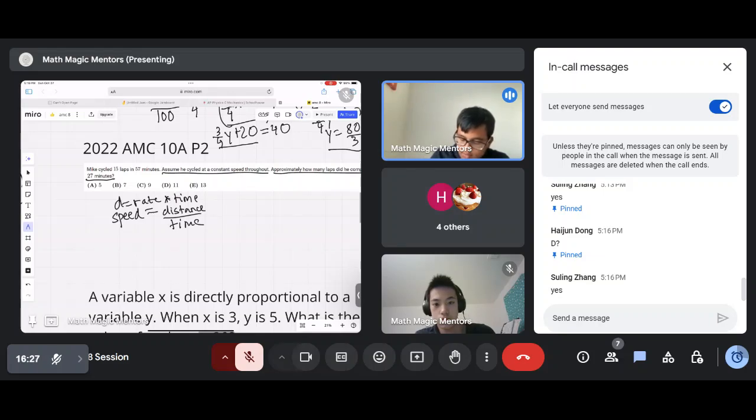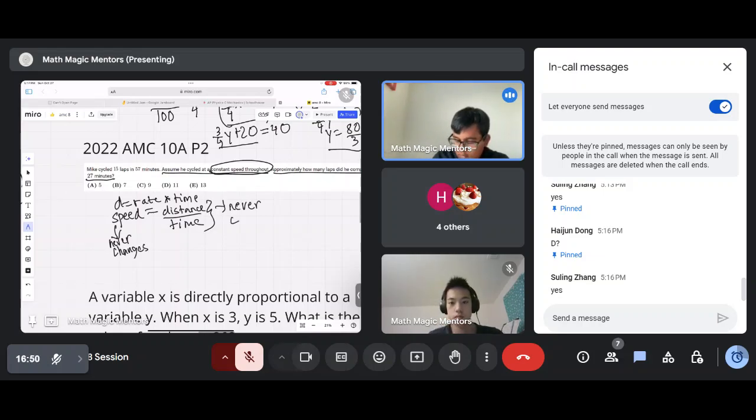So what I underlined here, right? It says he cycled at a constant speed throughout. And a constant speed means the speed never changes. So the speed equals distance over time. So if speed never changes, this ratio also never changes, because speed is just distance over time.